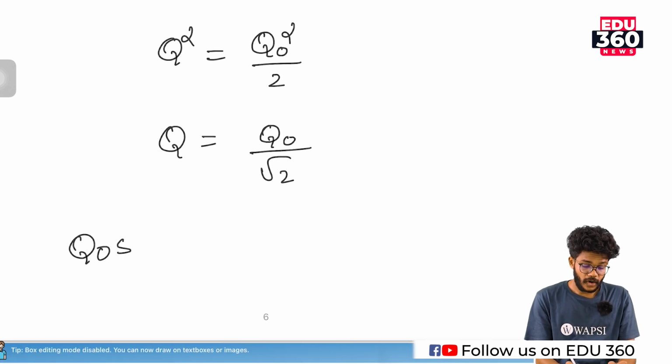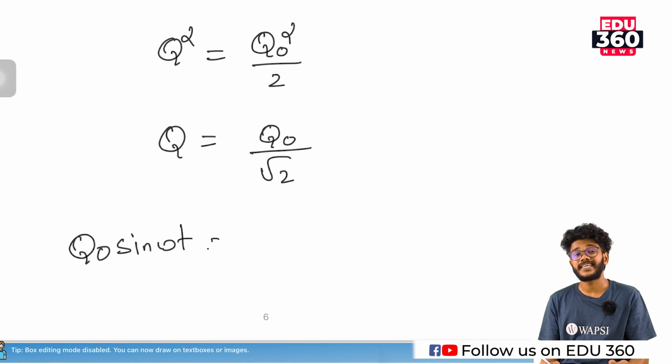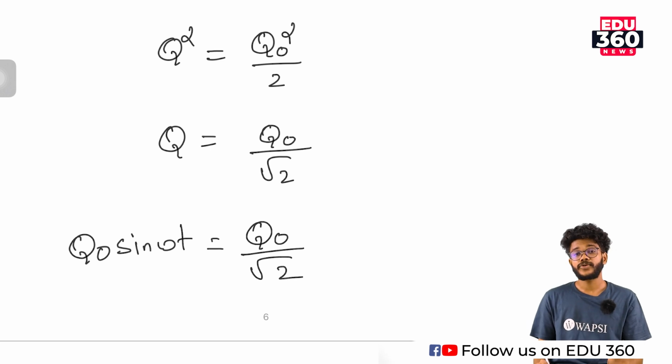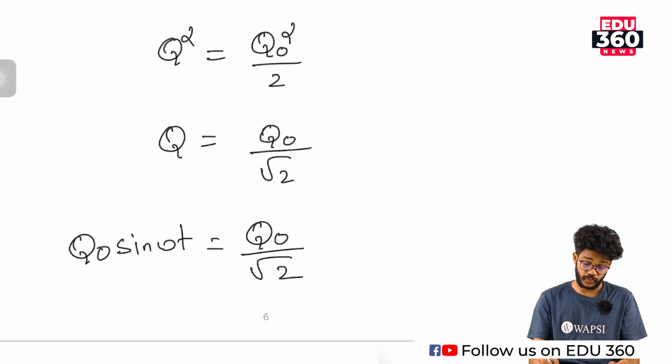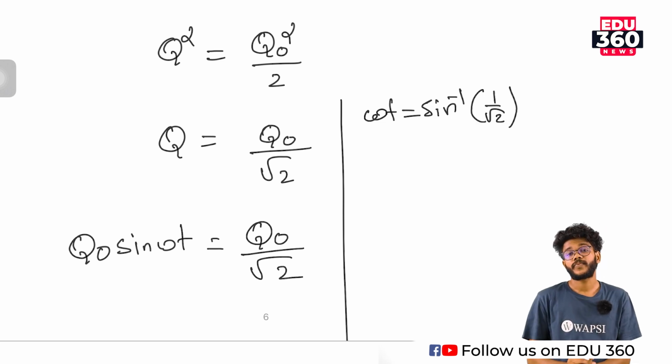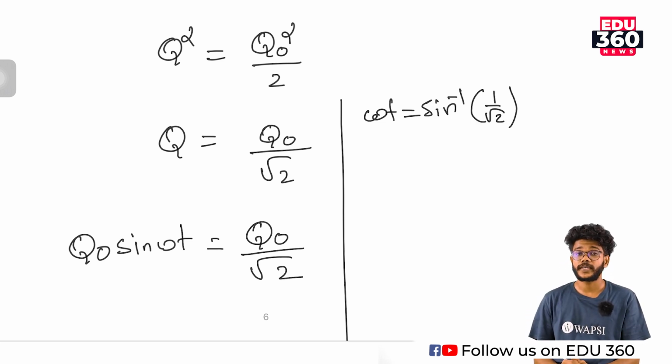The instantaneous charge is Q0 sine omega t, and that is given as Q0 by root 2. So sine omega t is equal to 1 by root 2, so omega t is equal to sine inverse of 1 by root 2. What is the value of sine inverse 1 by root 2?